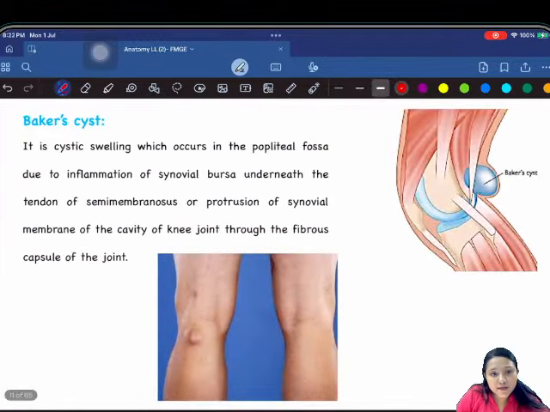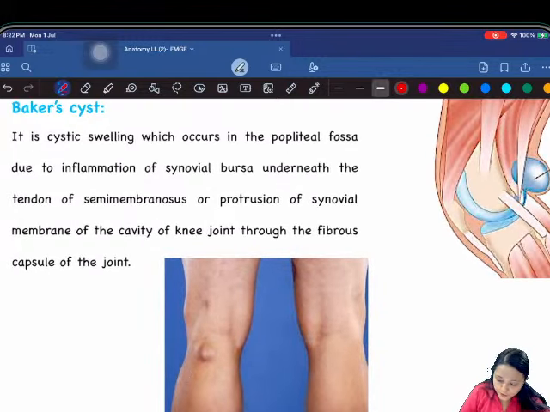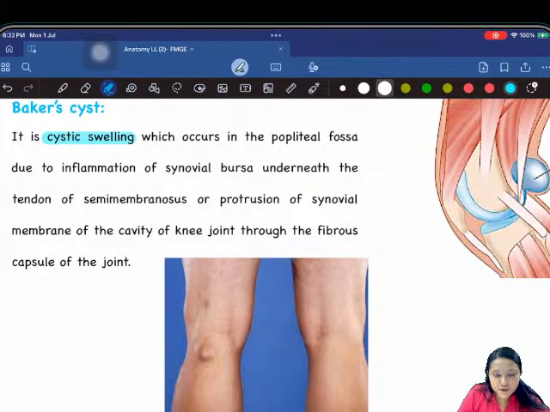Now there is another condition where you will have a swelling on the back of the knee, that is the popliteal fossa. Now the characteristic feature of this swelling is that it is cystic. It is cystic due to inflammation of the bursa underneath the semimembranosus, or there might be protrusion of the synovial membrane of the cavity of the knee.